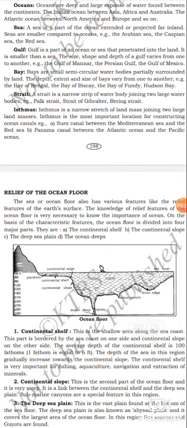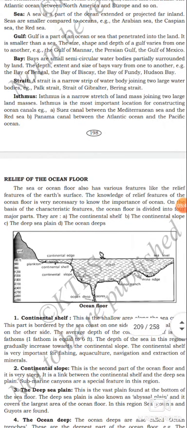Let us see now. Isthmus. Isthmus is a narrow stretch of landmass joining two large landmasses. Isthmus is the most important location for constructing ocean canals.